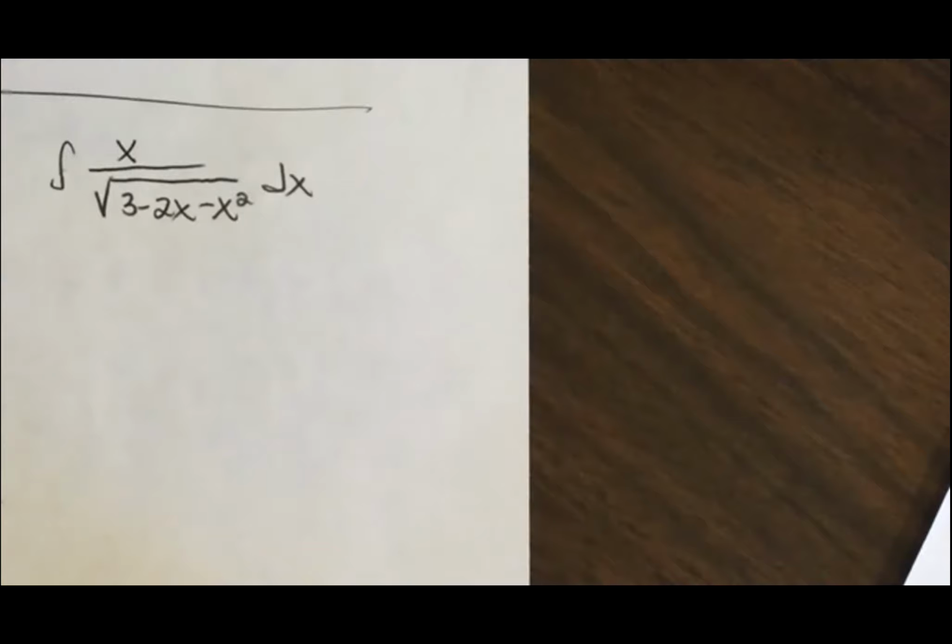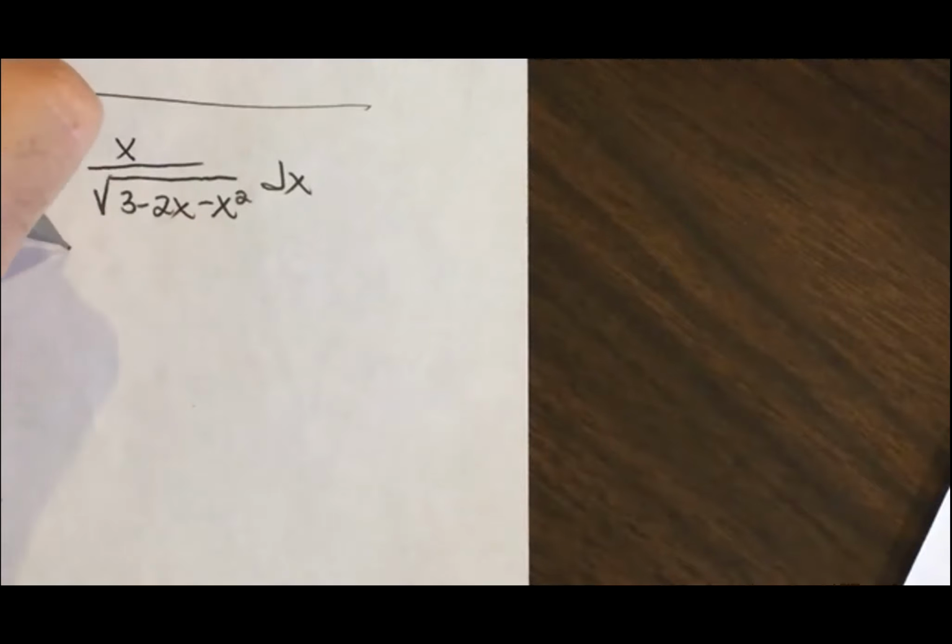What if you have this guy, then what should we do on that one? Oh yeah, that's the complete the square. That's got to be a complete the square because it's got to be in vertex form. Otherwise you can't do the substitution. You don't have the Pythagorean identity. So you're going to complete the square on this one.